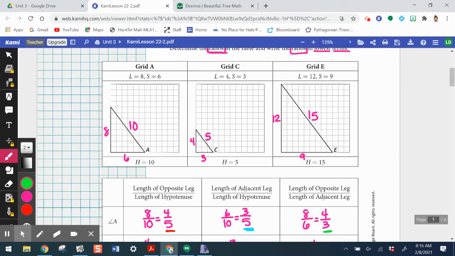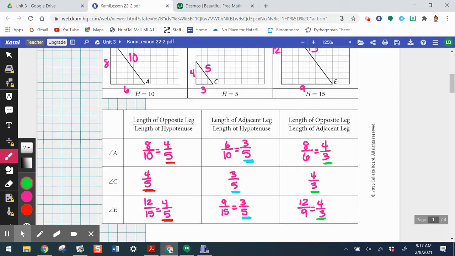The S stands for shorter leg. So in this triangle, this would have been the shorter leg down here, and I labeled it 6. And then they also told us that H, the hypotenuse, is 10. So this is a 6, 8, 10 right triangle. Likewise on grid C, this is a 3, 4, 5 right triangle, the most common Pythagorean triple there is. And then in this triangle, this is a 9, 12, 15.